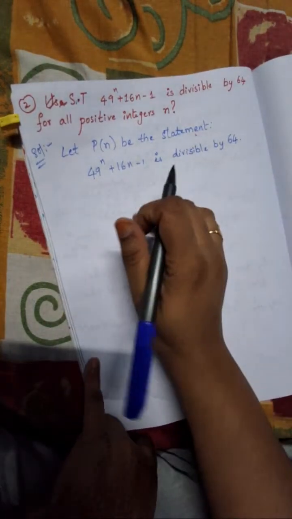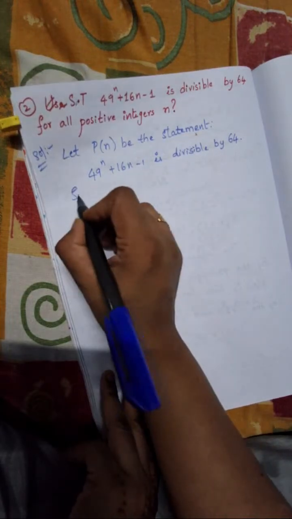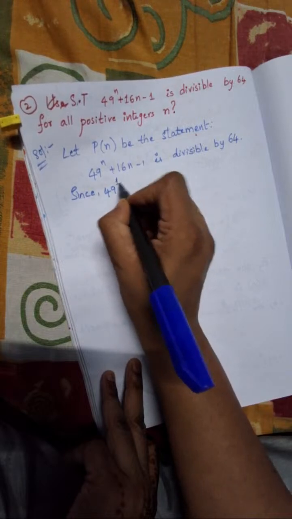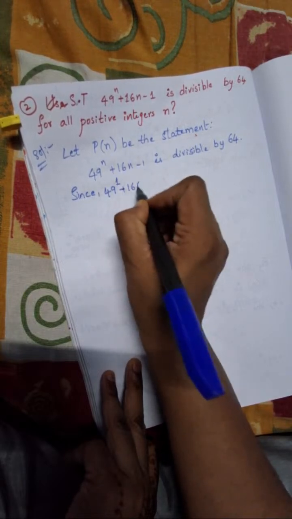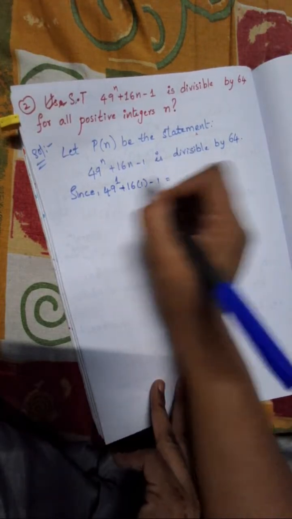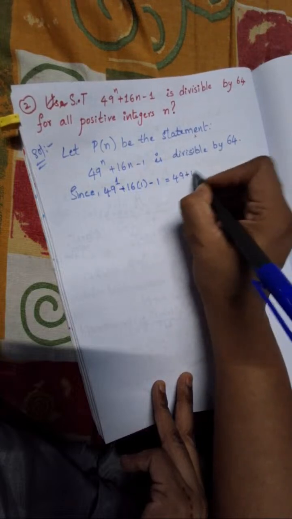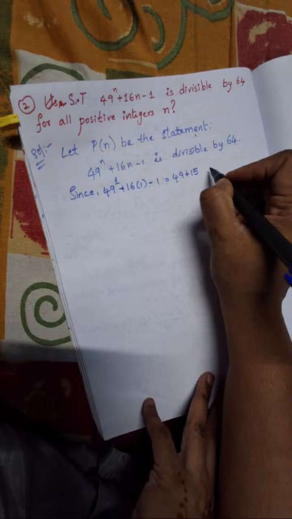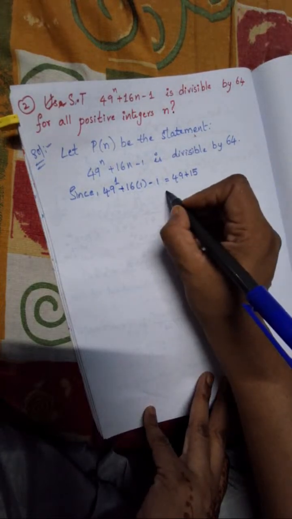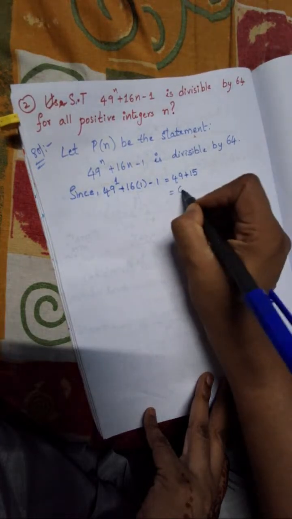Since we have the statement, it is true for n equal to 1. Substituting n equal to 1, we write 49 power 1 plus 16 into 1 minus 1, which is equal to 49 plus 16 minus 1, 64.